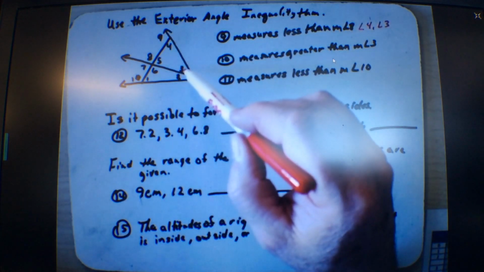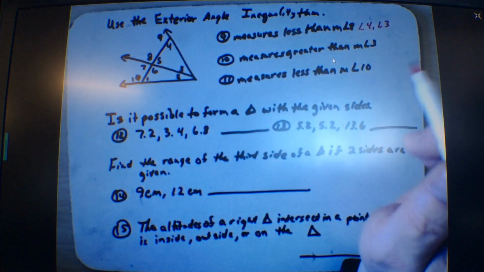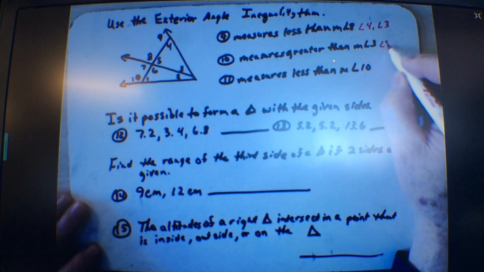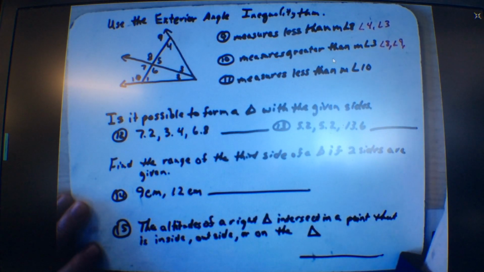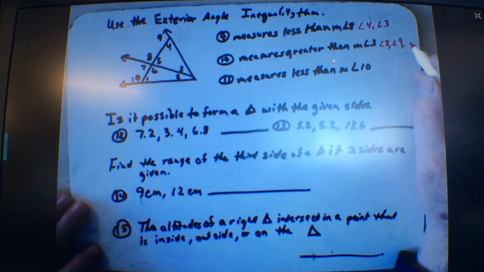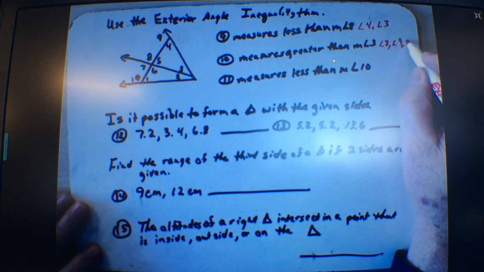All right, then we have measures greater than 3. So we're here. This is 3. So which ones are greater than 3? 8 and 9. Is there any more? Greater than 3. 6, why?